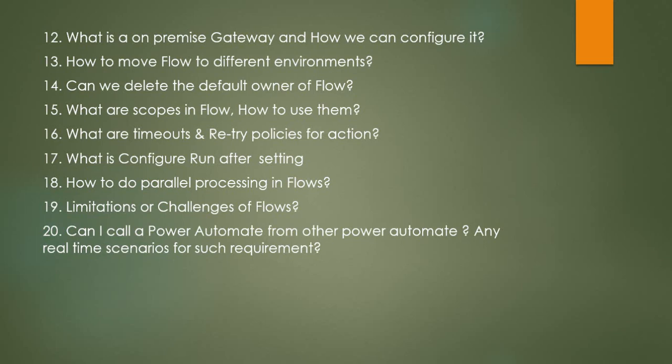For example, if you want to create tasks for a number of users, and that number of users is a dynamic property, then all the tasks would be created in parallel if you enable concurrency and give the count for what number of concurrency should be there. That's how you can create parallel processing in flows.